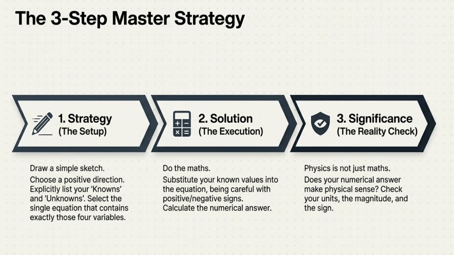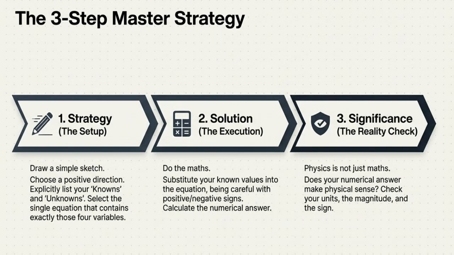Let's look at a clear 3-step process to tackle problems efficiently. First, start by setting up your strategy. This means drawing a simple sketch to visualize the problem and choosing a positive direction. It's important to list what you already know and what you need to find out, then pick the single equation that involves exactly those variables. Next, move to the execution phase by doing the actual calculations.